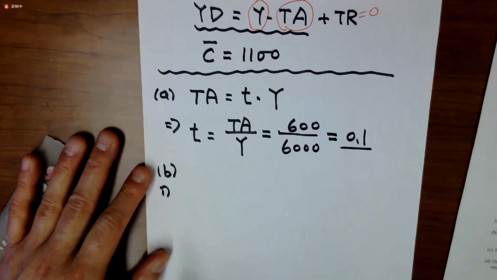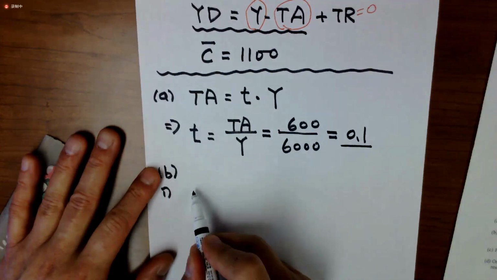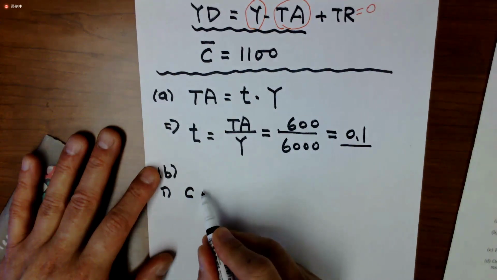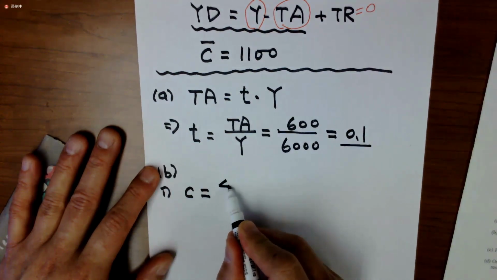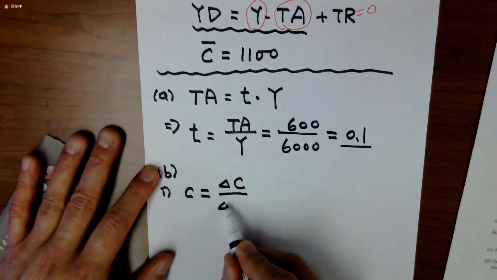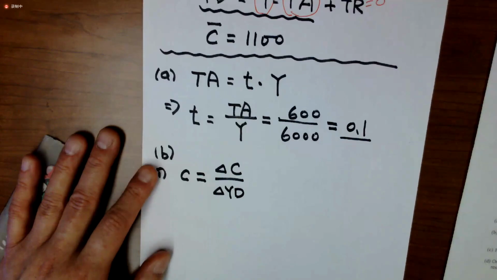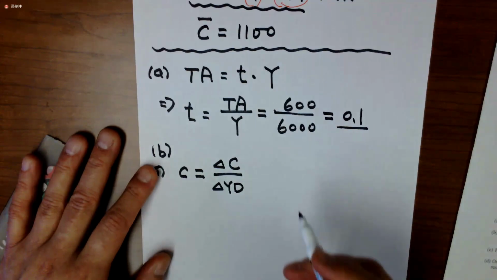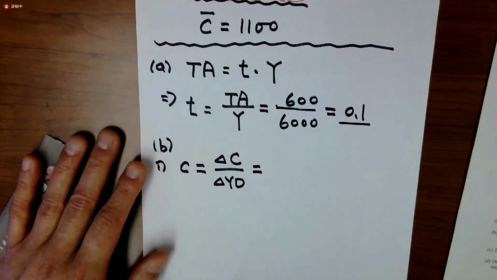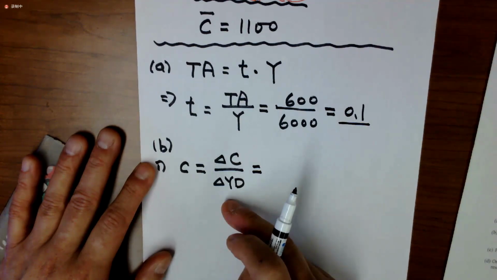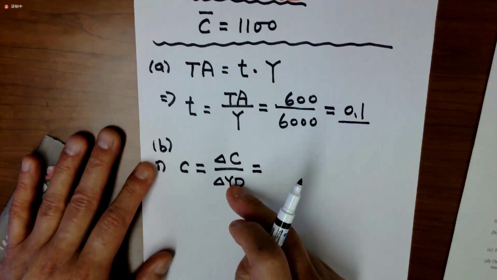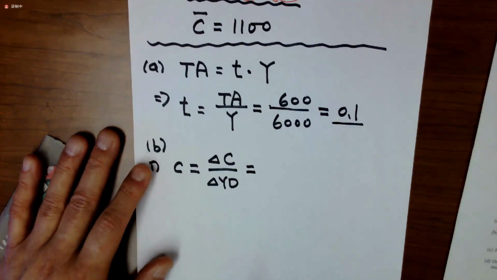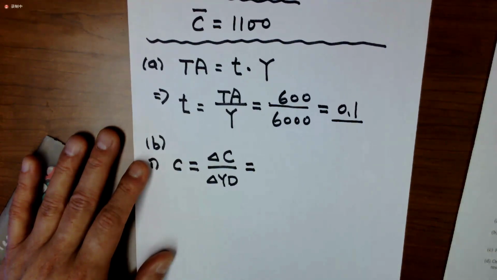By definition, the MPC out of disposable income is denoted as little c, and little c is equal to change in consumption divided by change in disposable income. So you need to plug in numbers for the numerator and the denominator.